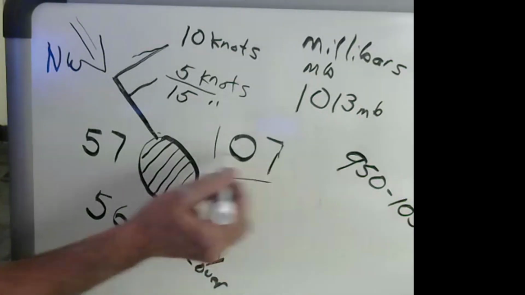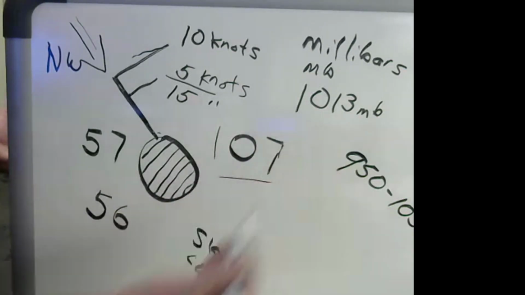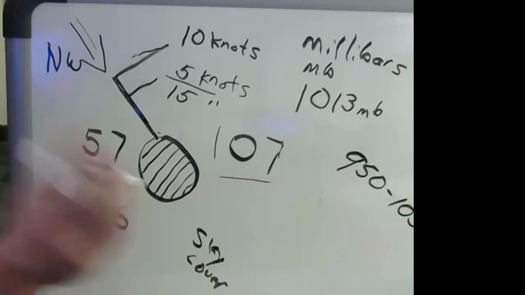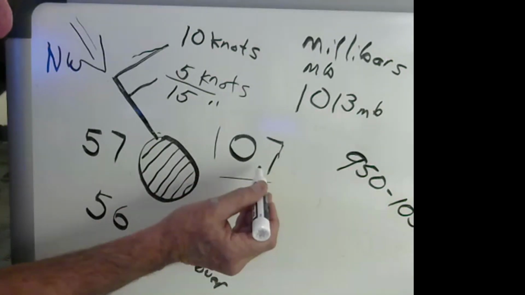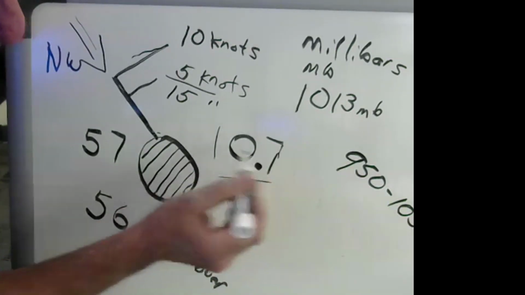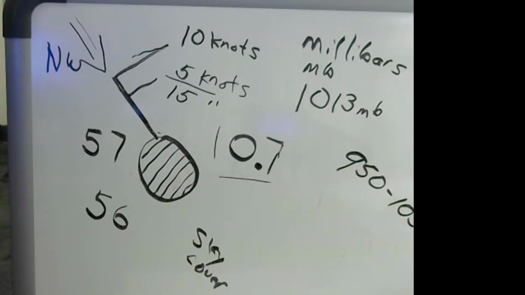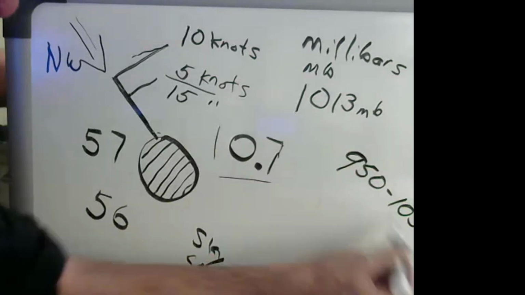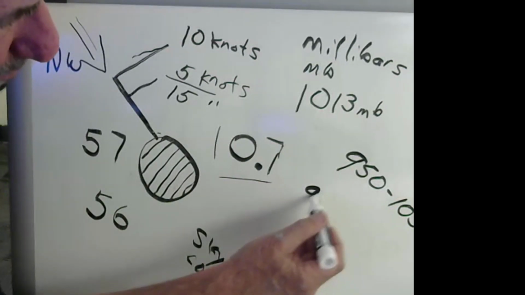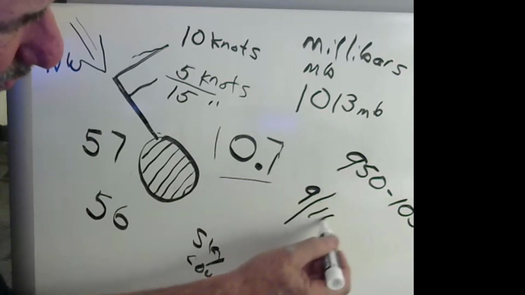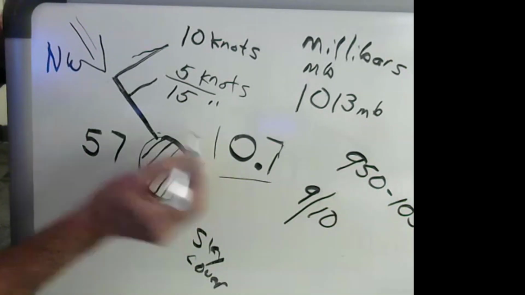So let's go back to this number. This doesn't look anything like 1013 millibars because we have to do something to it. First, with a 3-digit number you're always going to see in the upper right, place a decimal point one place to the left. Now, we still don't have a number that looks like any of the numbers I've given you. So now you have to choose to put either a 9 or a 10 in front of this number.